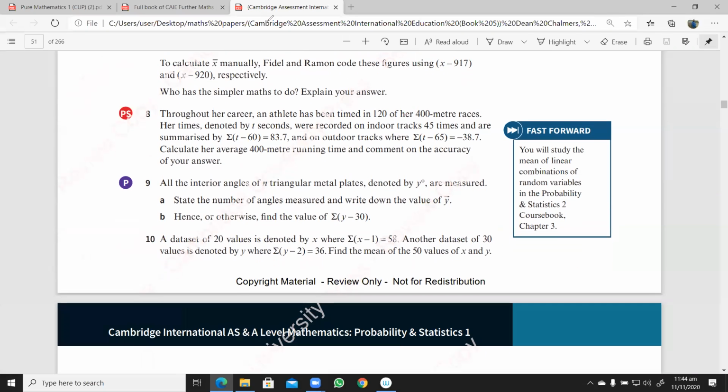So guys, I'll be taking questions from the past paper maybe tomorrow, inshallah. First of all, I'll tell you how to find the median and the standard deviation, and then I will take you to the past paper questions. Okay, guys? Okay, sir.